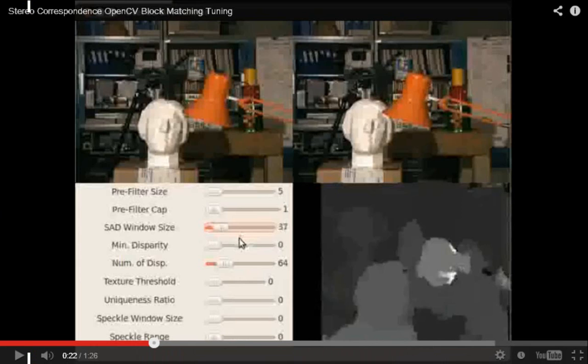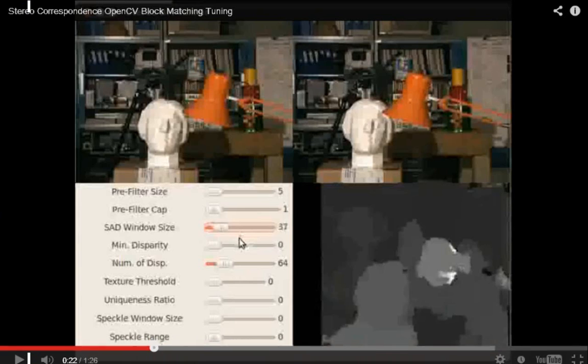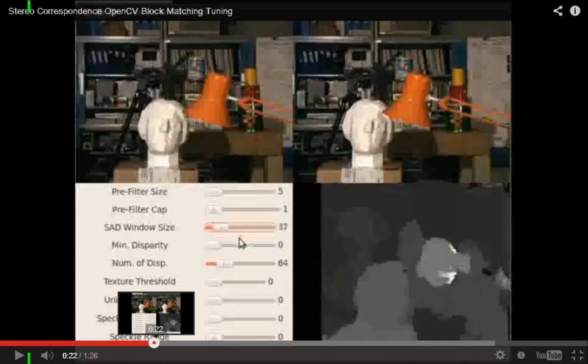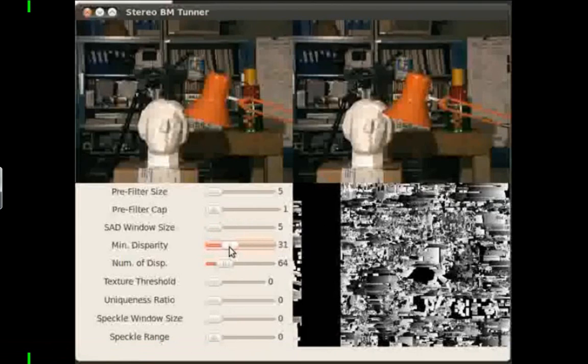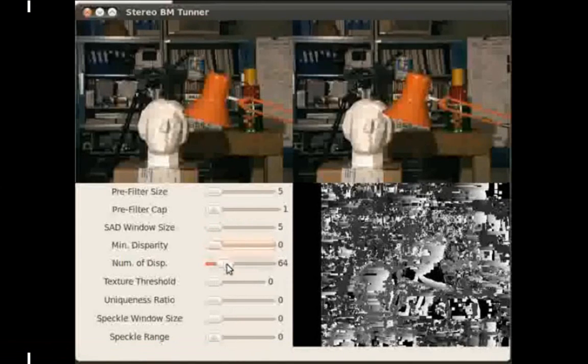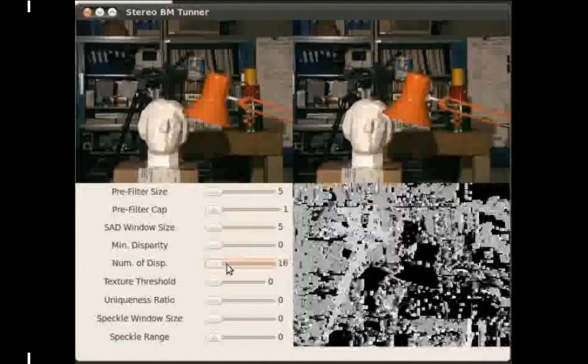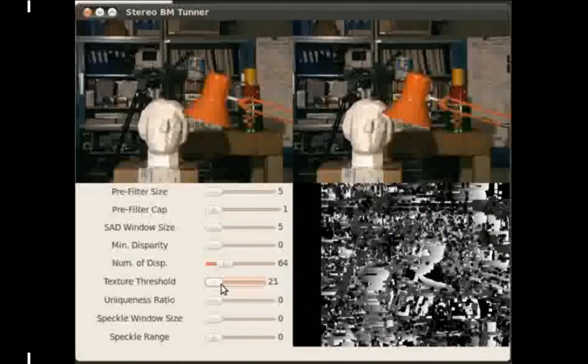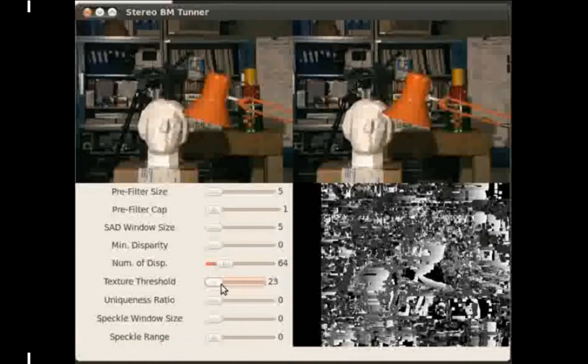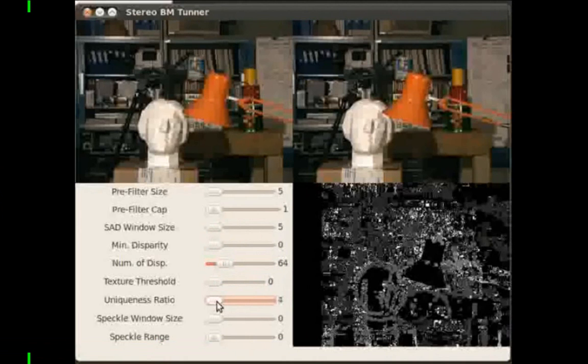There is the important parameter of how big the blocks are that we are comparing, the number of disparity levels to be estimated, and so on. And he's playing with these parameters one after the other. This is all real time. It's a very fast algorithm. And you can see that, depending on how you set them, you get something totally nonsensical, or, at some point, we already saw a nice depth map being produced.